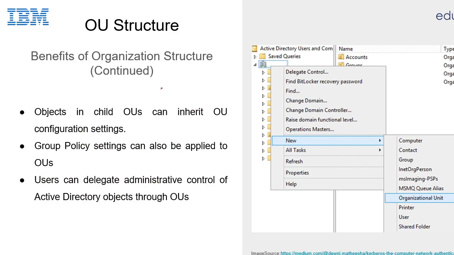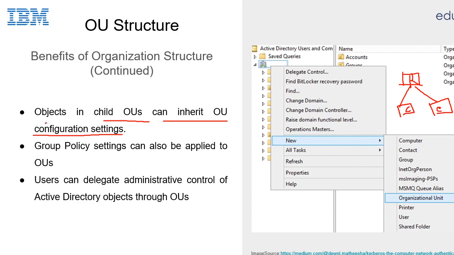And benefits of organization units. Objects in a child organization unit can inherit organization unit configuration settings. For example, an organization unit is created, and here it has another organization unit. This child organization unit will get the configuration settings from the root organization unit.